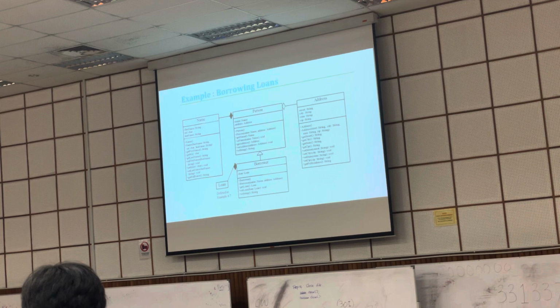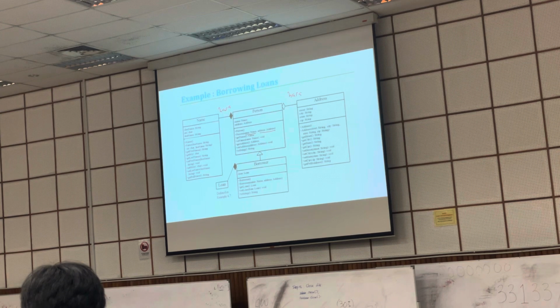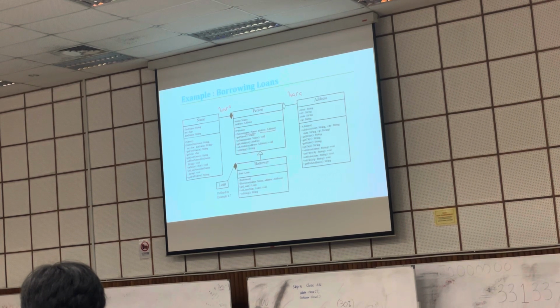Example. Person has name. That means name will be part of it. If you see here, this name, and this is address. So definitely this is a has-a relationship, right? Has-a, because this data is a part of it. Whether this one is actually composition or aggregation: person has a name.